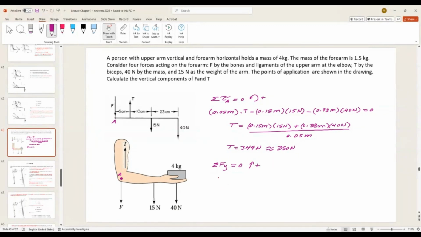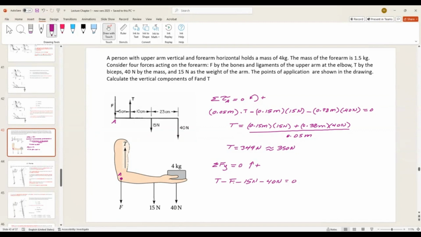So we say that my forces in Y are in this case the tension that is pointing upward, so it's positive. And then I have the force F, and I have the force of 15 newtons that is also negative. And I have the force of 40 newtons that is also negative. Now this is equal to 0.